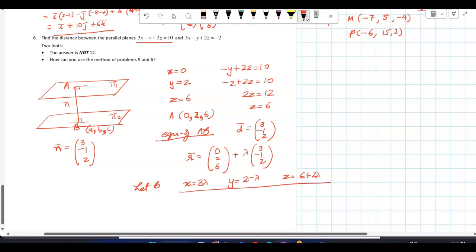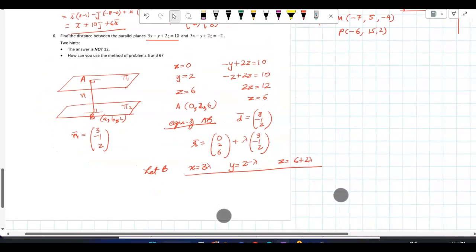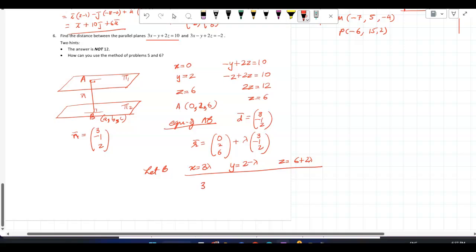And this B will lie on the other plane. So 3 times 3 lambda is my x in the other plane equation, you just put in place of x. Basically, it's the same as we did earlier: we assume a point, and so you're finding the distance between the point A and this plane.